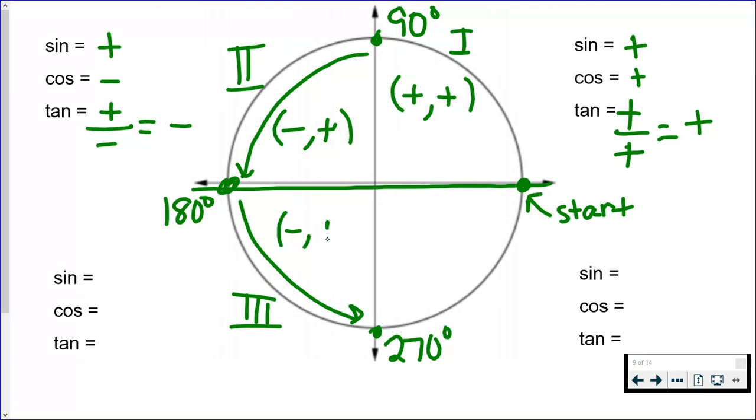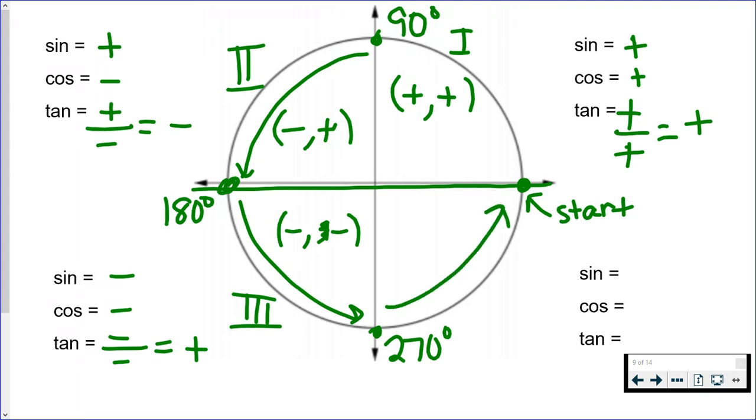So x and y are both negative numbers. So if I moved left, cosine is negative. If I moved down, sine is negative. And tangent, remember, is sine divided by cosine, or y divided by x. So that actually equals a positive number.